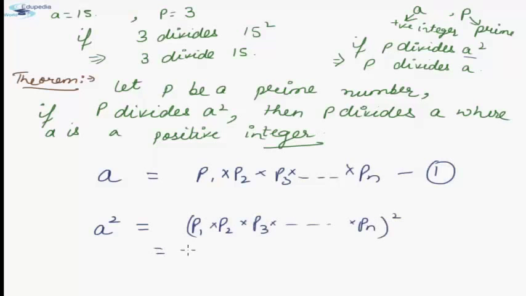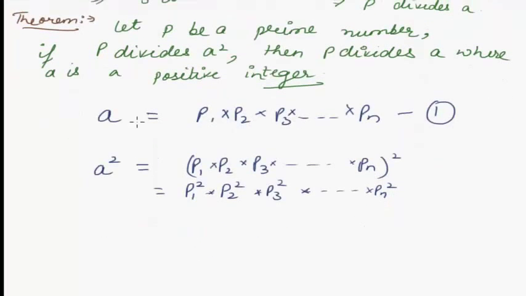Or P1 square into P2 square into P3 square up to Pn square. Now friends, since P1, P2 up to Pn are all primes, this equation is also involving prime factorization.